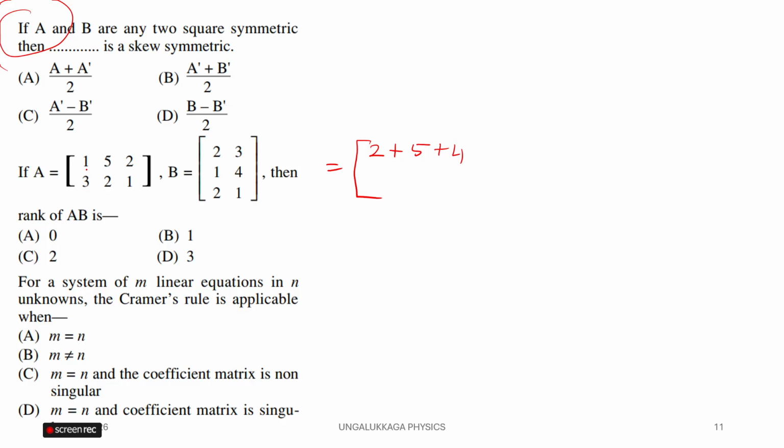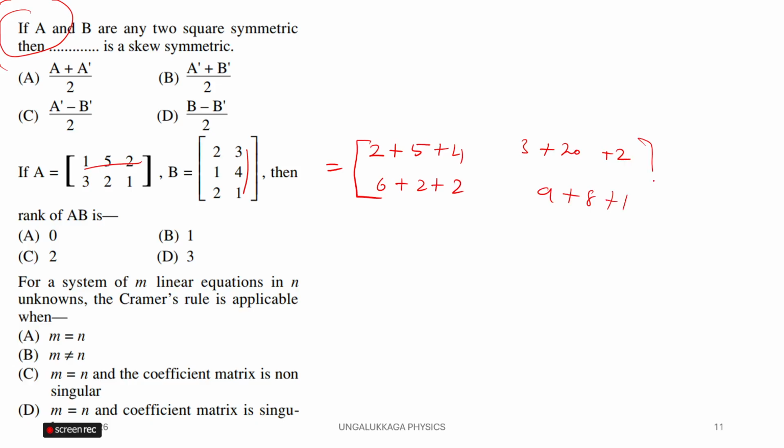Similarly, you do the rest: 3 plus 20 and 3 plus 20, 6 plus 2 plus 2, and 9 plus 8 plus 1.